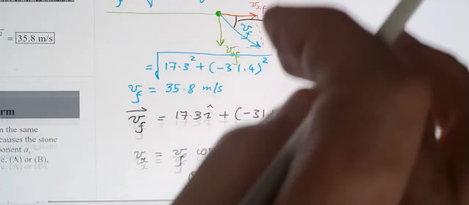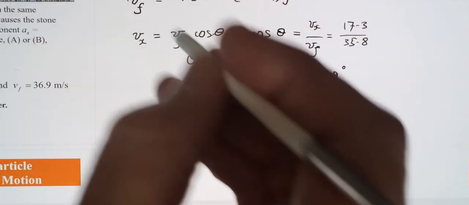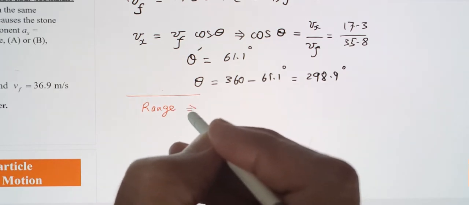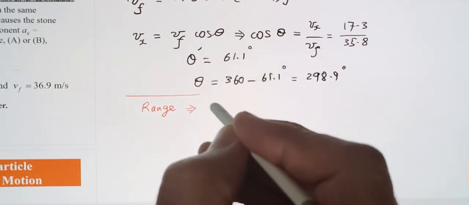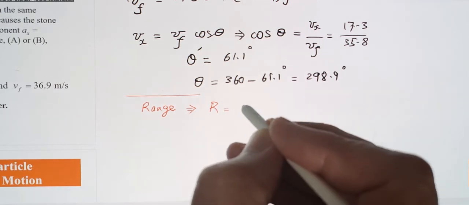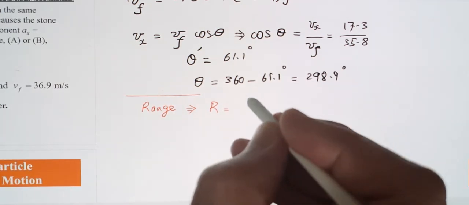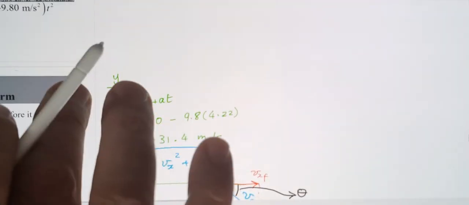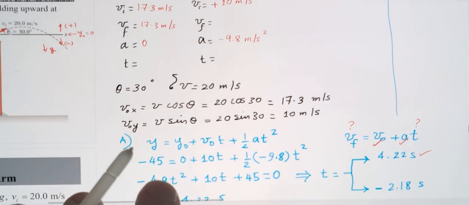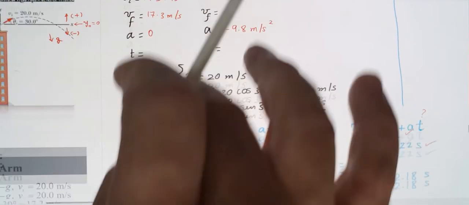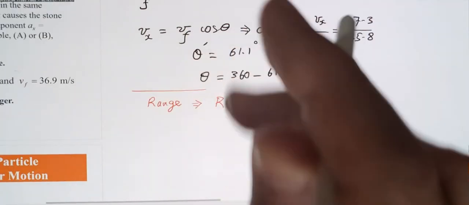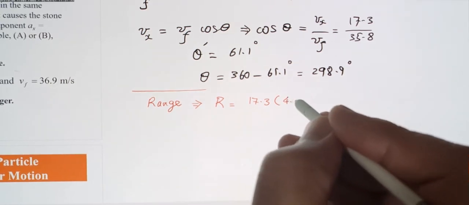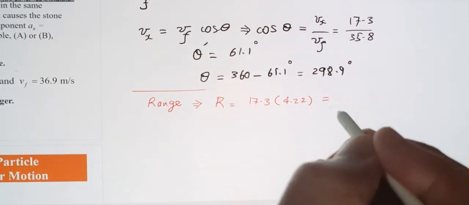So we can add another one, range, which is R. So we know the velocity is 17.3, multiply it by 4.22 seconds, and it will give me my range.